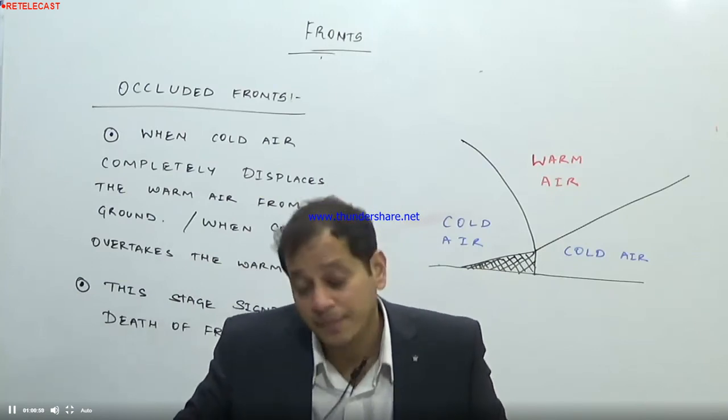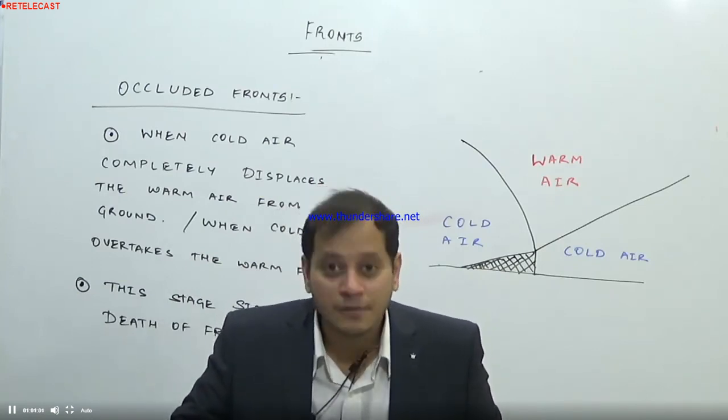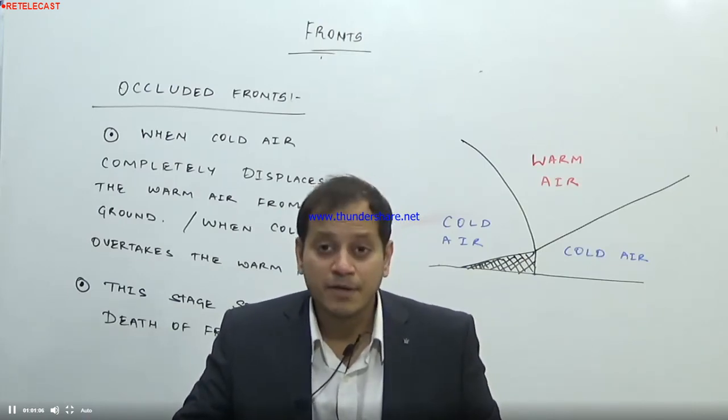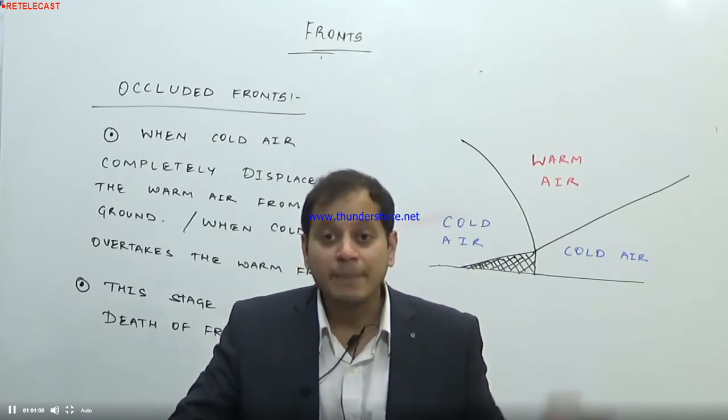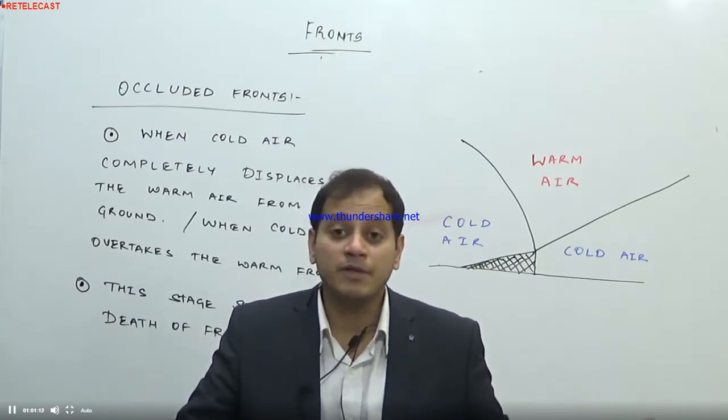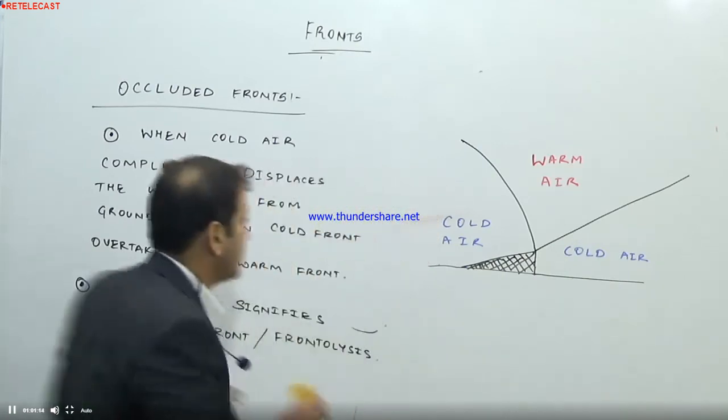Now, if you remember, I told you geographically it is not a front, but we like classification, we like simplification. So what name to give to such a temporary phenomenon? We gave the name of a stationary front. So, what is a stationary front?